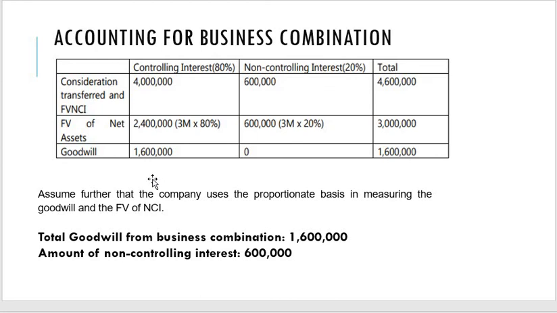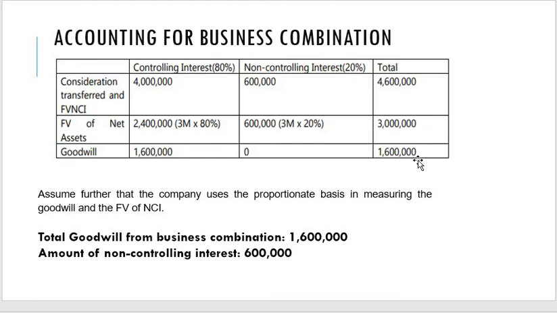But when we use proportionate or partial goodwill, the non-controlling interest is always equal to the proportionate share of the non-controlling interest in the net assets of the subsidiary, which is 600,000. Okay, so your consideration transferred plus non-controlling interest, we have 4.6 million in total, less the fair value of your net assets. So we have goodwill of 1.6 million.